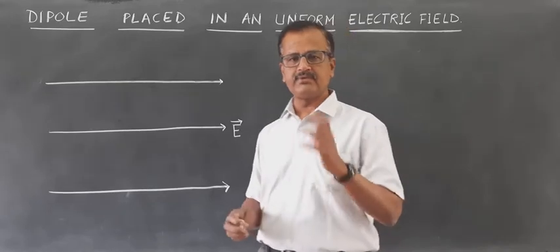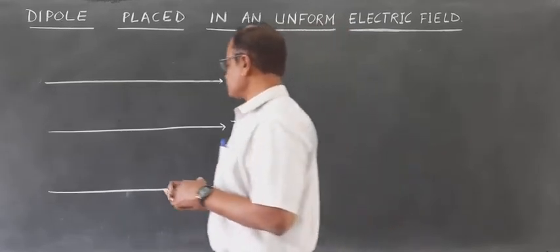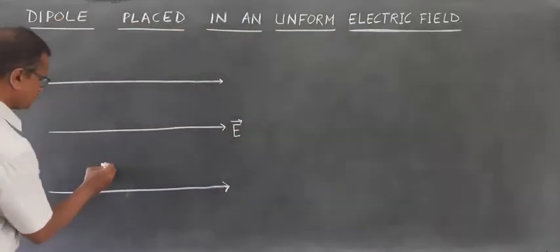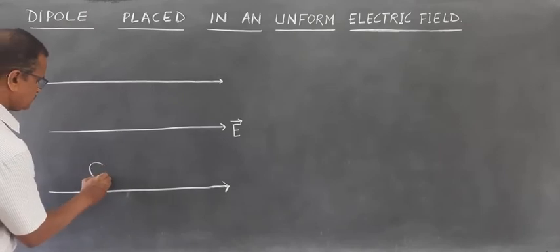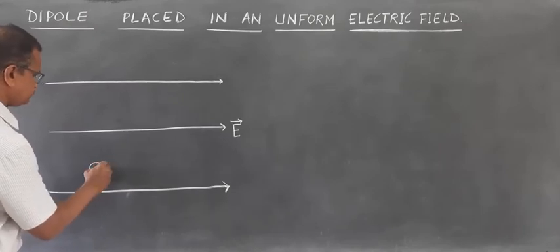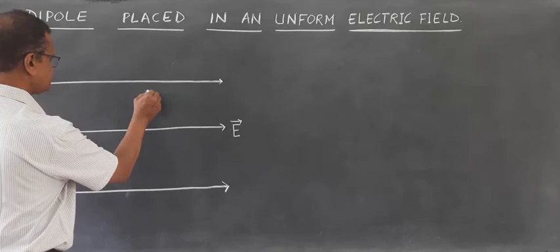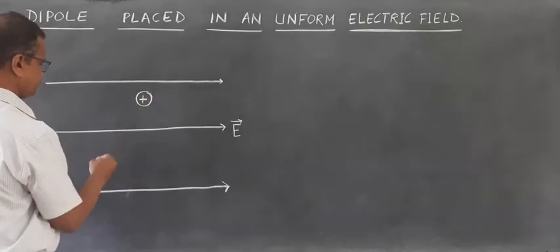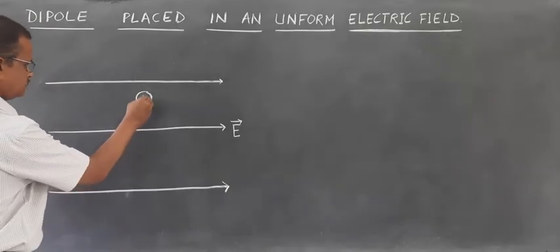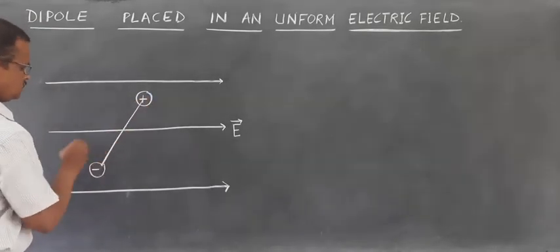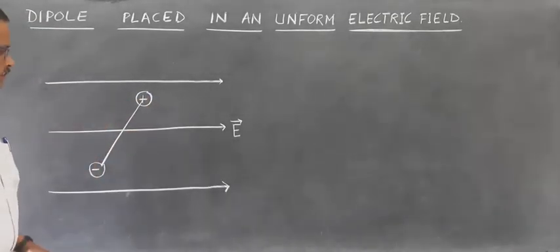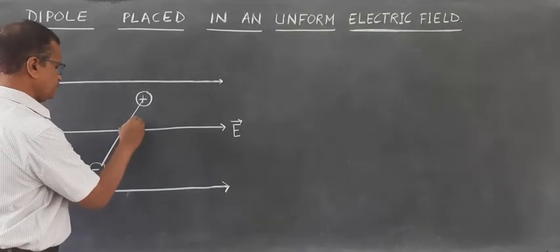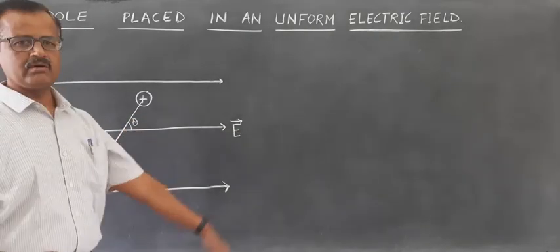What happens if an electric dipole is placed in this uniform electric field? Let us say an electric dipole is placed, and suppose it is placed at an angle theta with the direction of the electric field.